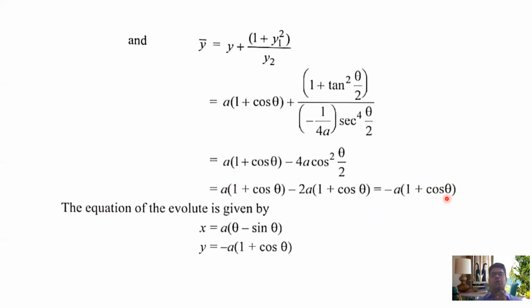Here this is called parametric form. So ultimately, try to understand what you have. y bar is equal to a minus a into 1 plus cos theta. Clear?